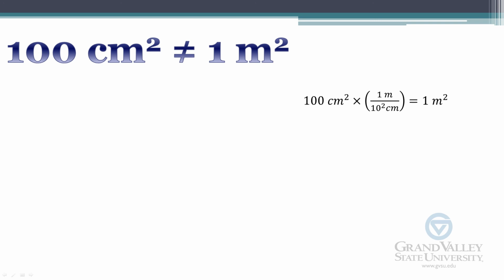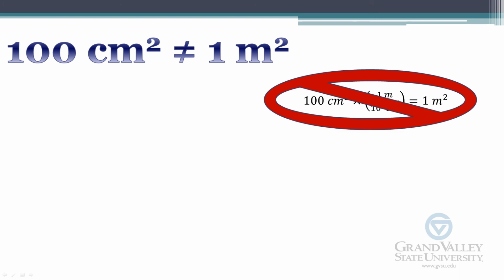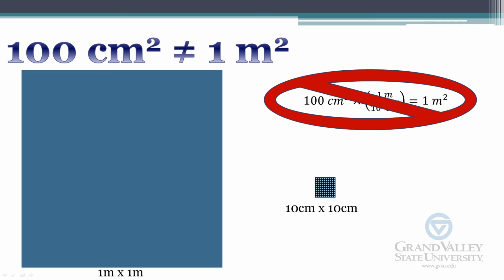If we look at the squares that represent the area, we can see that the assumption is false. A 100 centimeter squared area is achieved by a 10 centimeter by 10 centimeter square. A 1 meter squared area is achieved by a 1 meter by 1 meter square. Comparing these two objects side by side, it's obvious that they are not equal.